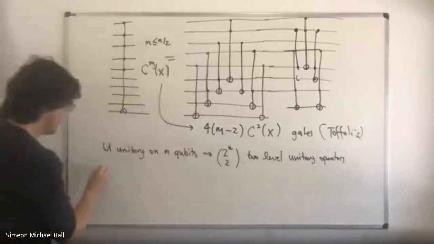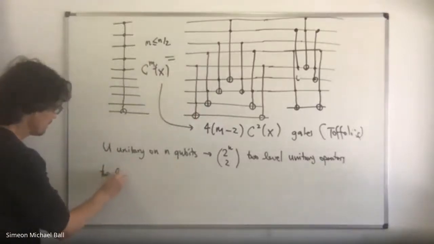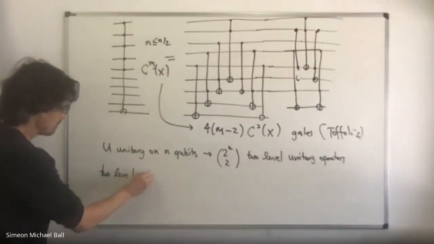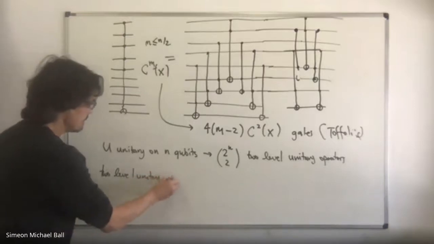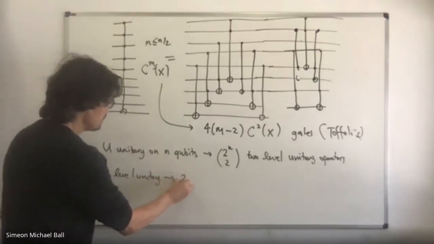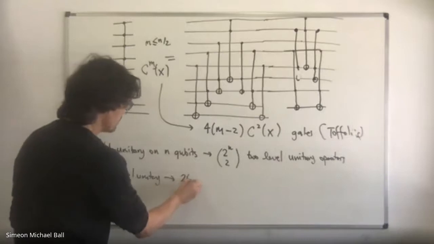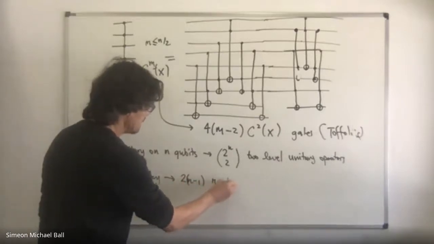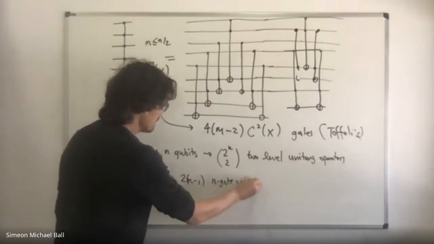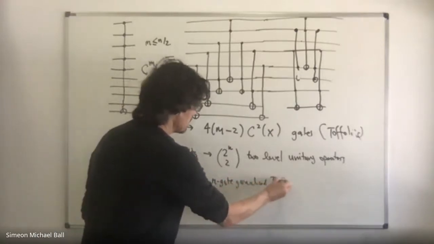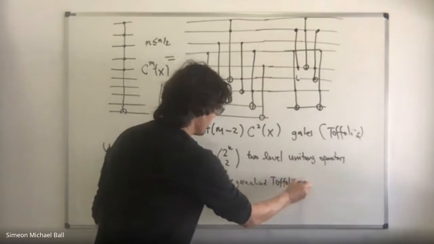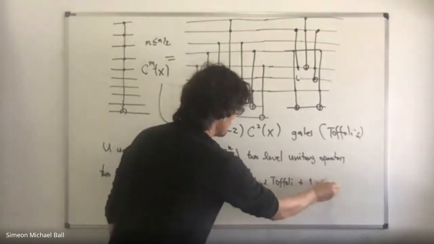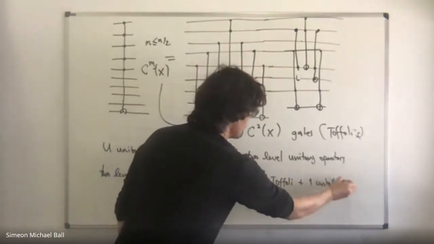Now the 2-level unitary operators go down into roughly 2n minus 1 n-gate generalized Toffolis plus 1 controlled single qubit.